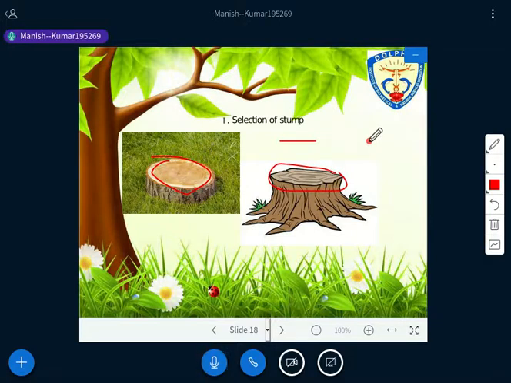And the third important thing is that if there is no old stump available, then for the tree that you have already felled for the stem analysis, you can use the stump of that tree itself. Is it clear? I hope you are able to understand this selection part.